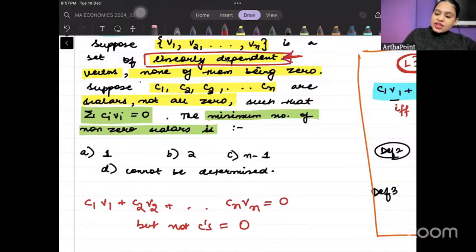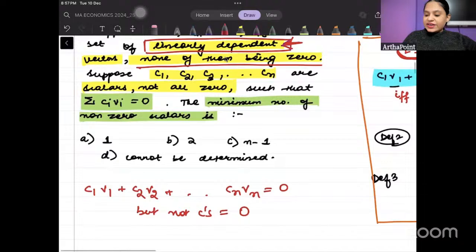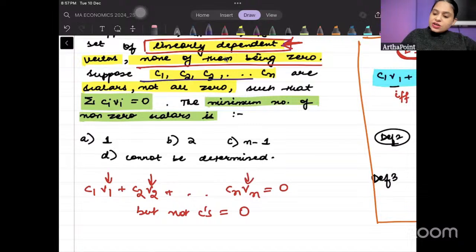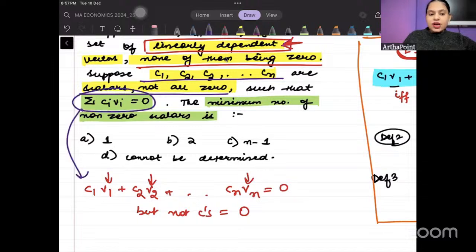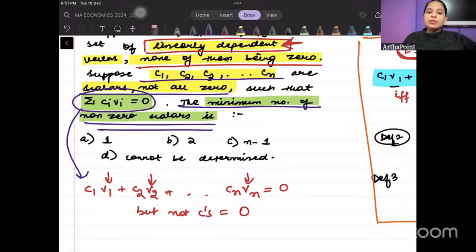Now it says none of them being 0. Mane no vector themselves is 0. All vectors are non-zero. Suppose C1 to Cn are scalars, not all 0, such that this holds true. Minimum number of non-zero scalar will be.